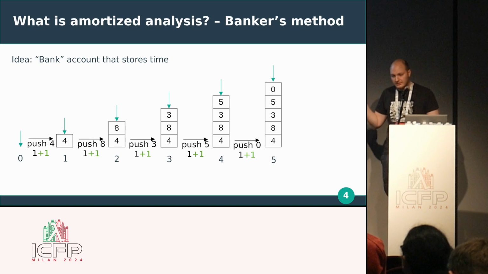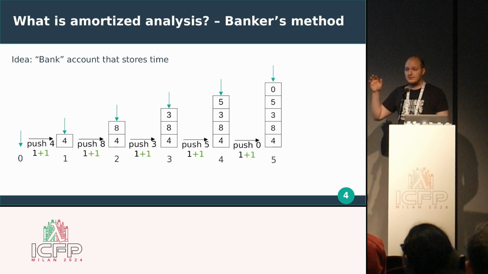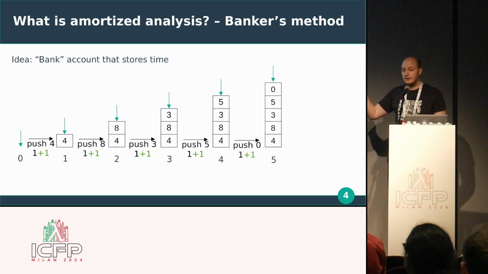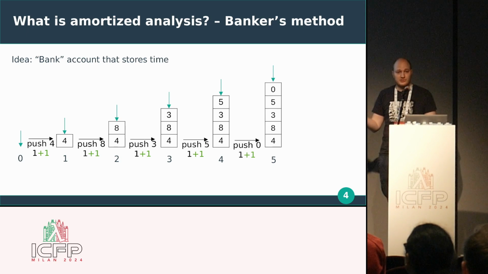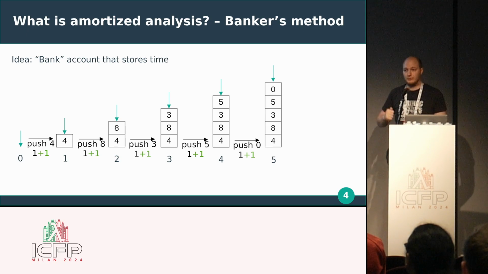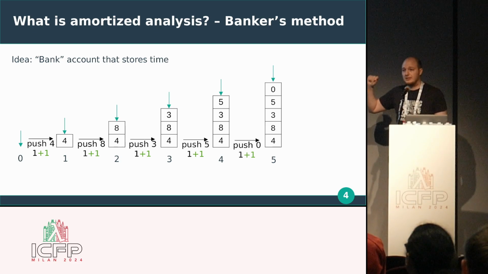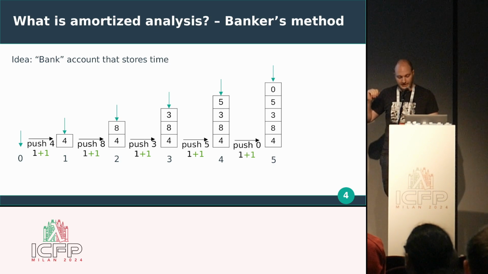And we can repeat this a bunch of times, and this new push operation is more expensive now, but it's only by a constant factor. Our push operation is still constant time. It just costs 2 instead of 1 time tokens now. But the interesting thing is we always have as many time tokens in our bank account as there are elements on the stack.